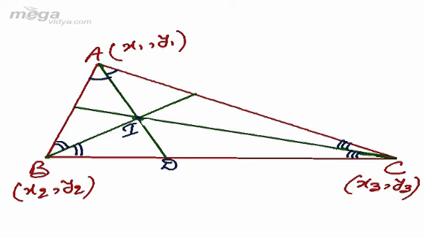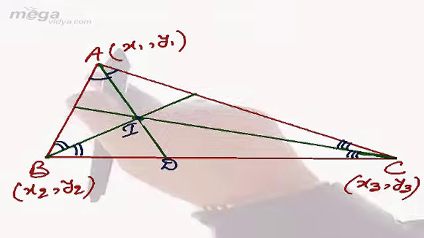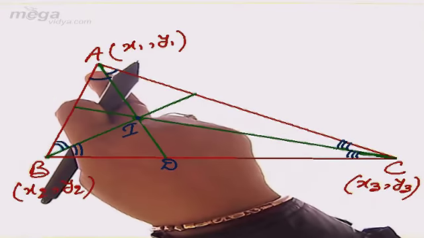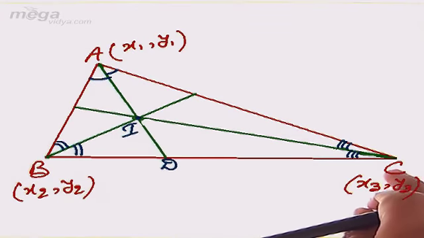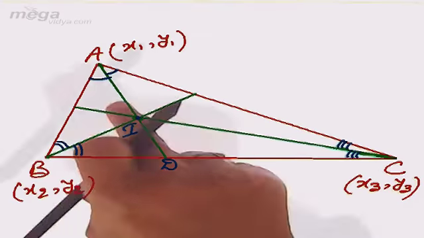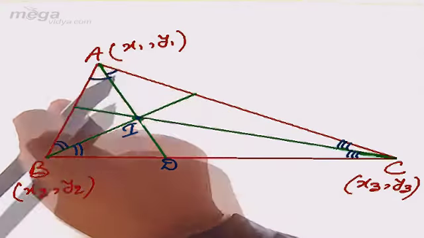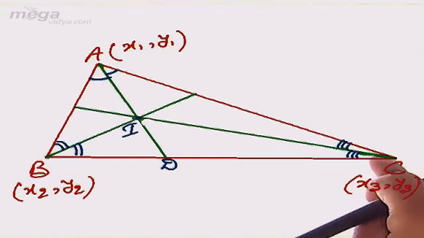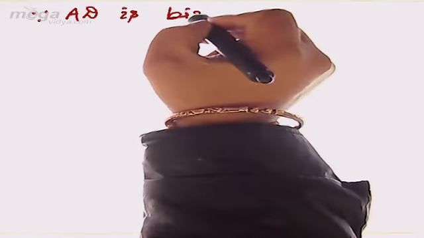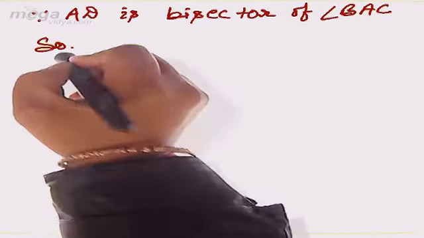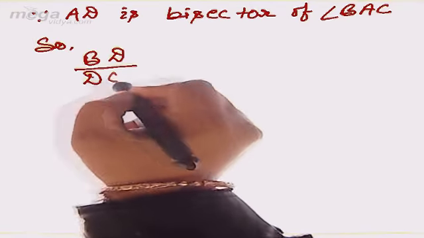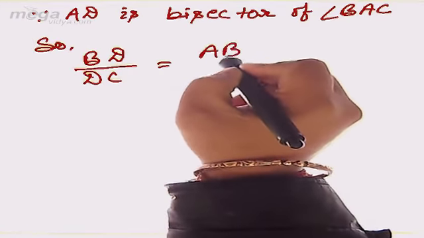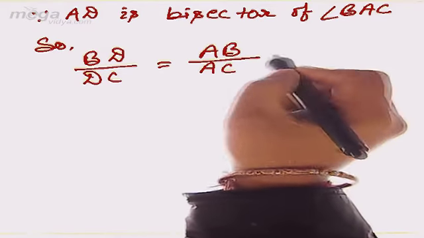Now student, you did in class 10th that the angle bisector of any angle divides the opposite side in the ratio of the sides containing the angle. It means for AD, the bisector of angle BAC, BD upon DC is the same as AB upon AC.